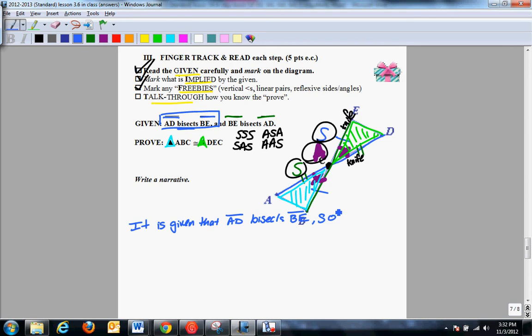So, if that's the case, we know that CE is congruent to EB because of the bisector. That's our first pair of sides.